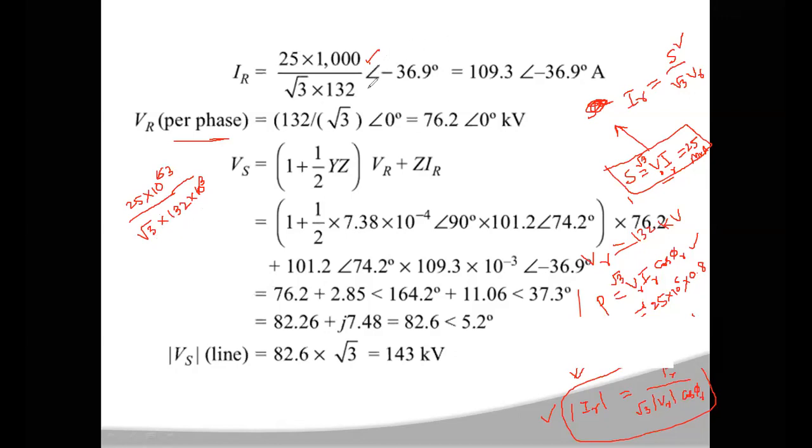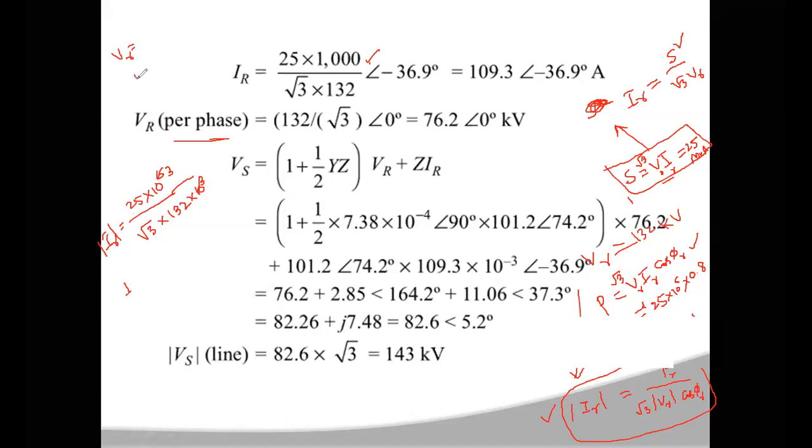If you calculate this, you will get only the magnitude. If you want it in terms of phasor, suppose you take VR as the reference voltage. While drawing the phasor diagram, you consider only the phase voltages.